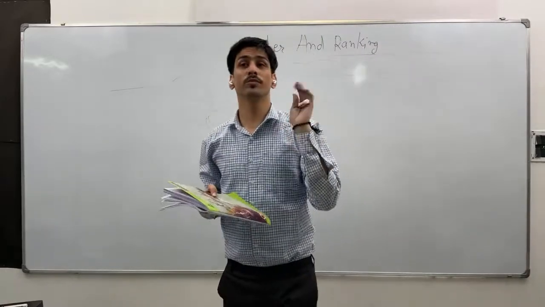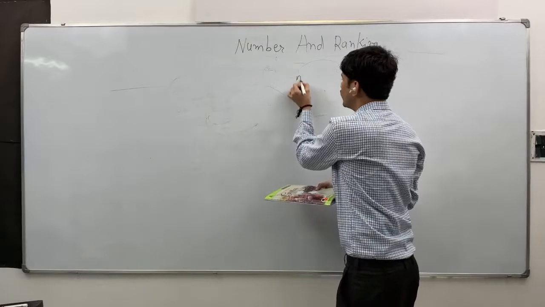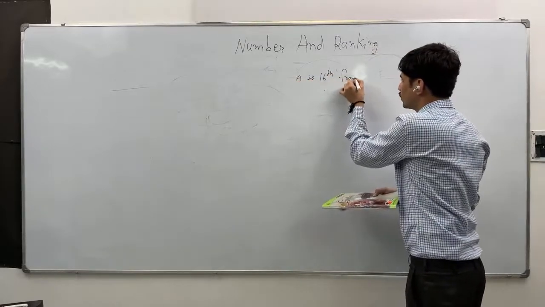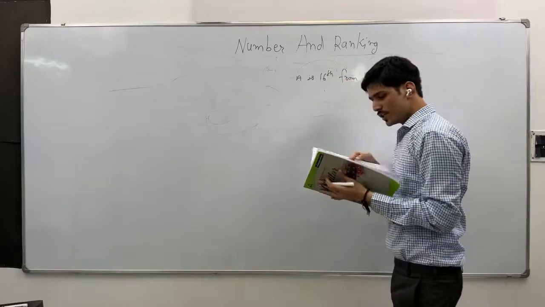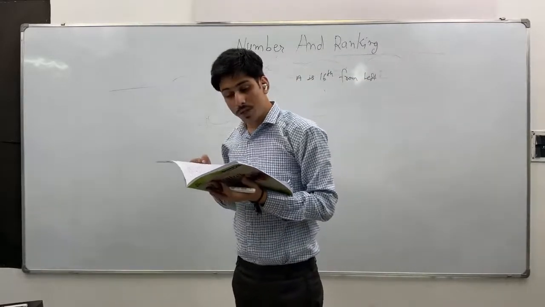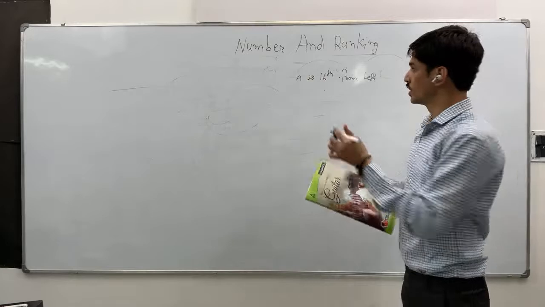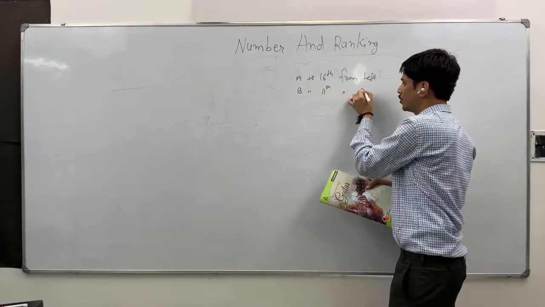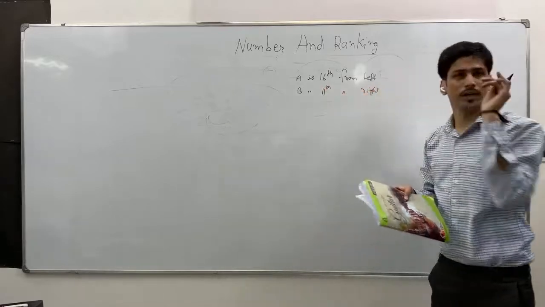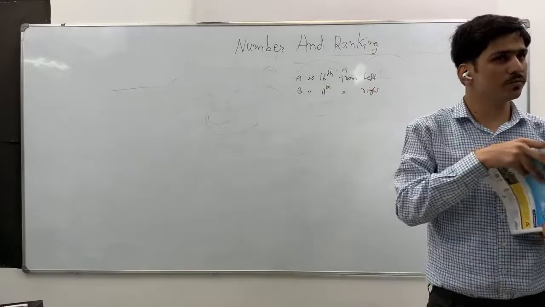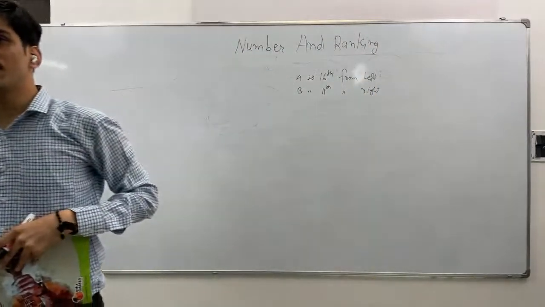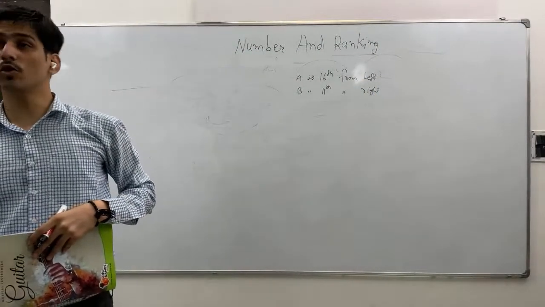This is the first information. The second information they are giving: B is 11th from the right end. Two pieces of information we have got. A is 16th from left. B is 11th from right. But from now I cannot say which will come to the left and which to the right, because I don't know the total number of students.